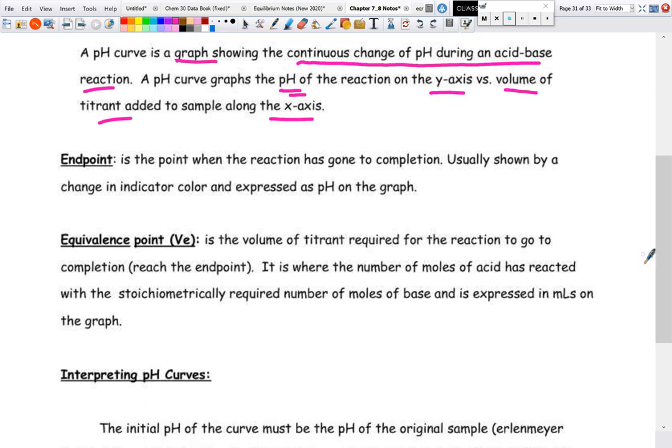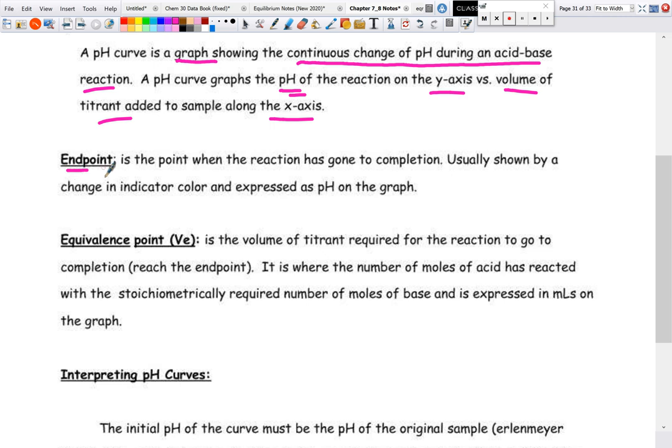Now the endpoint, as we stated for these titration analyses, comes from a color change of an indicator. There's a bunch of different indicators that we've seen before, so it's hard to know what indicator you need to use for a titration, or what the endpoint is going to be.